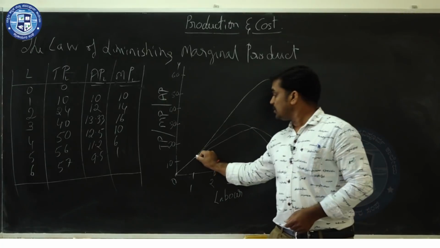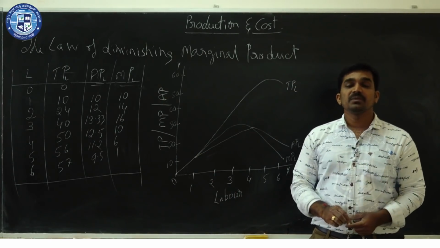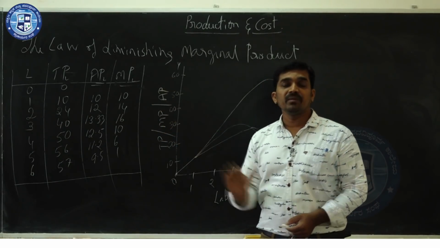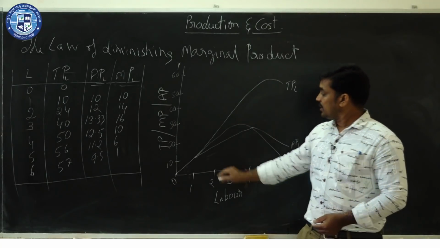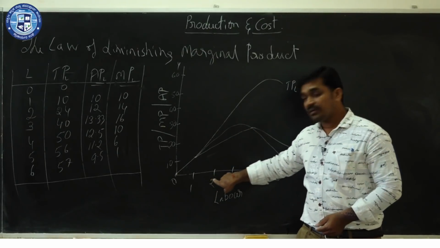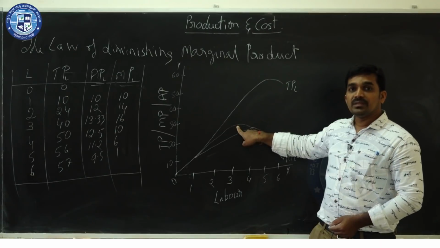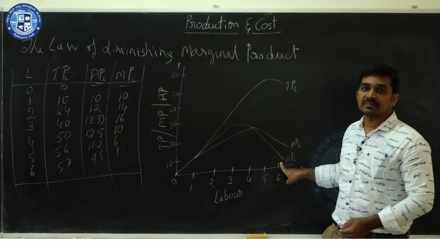Remember, both AP and MP start from this point. It means for the first unit of labor, the value of AP and the value of MP are the same. Then MP continuously increases with the increasing variable factor, reaches a maximum, and thereafter falls.